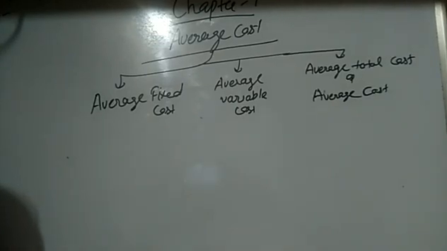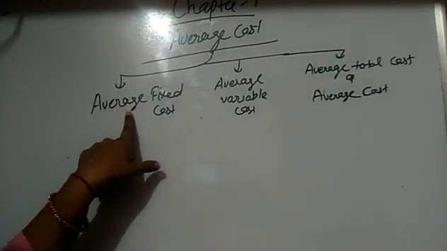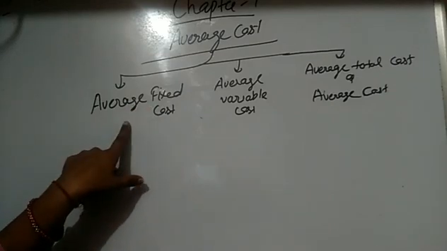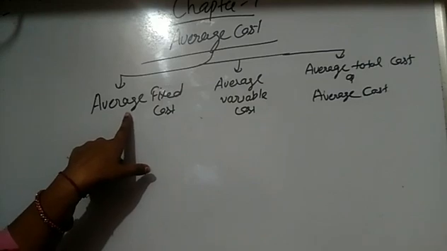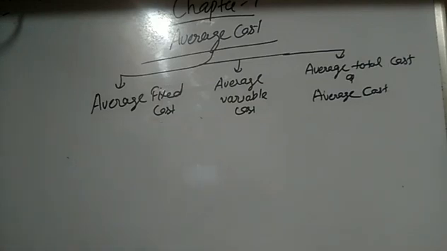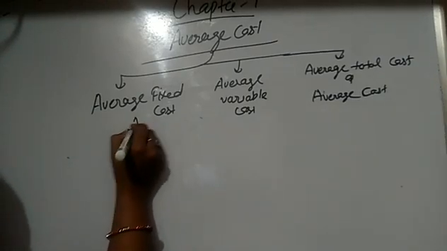Okay, students, so these are the types of average cost. First, we understand what is average fixed cost. Average fixed cost refers to the per unit fixed cost of production.